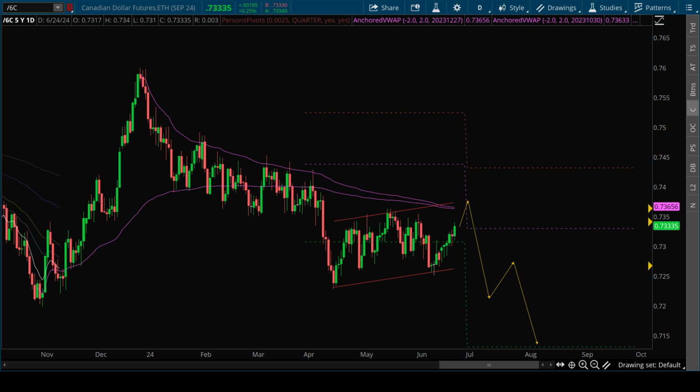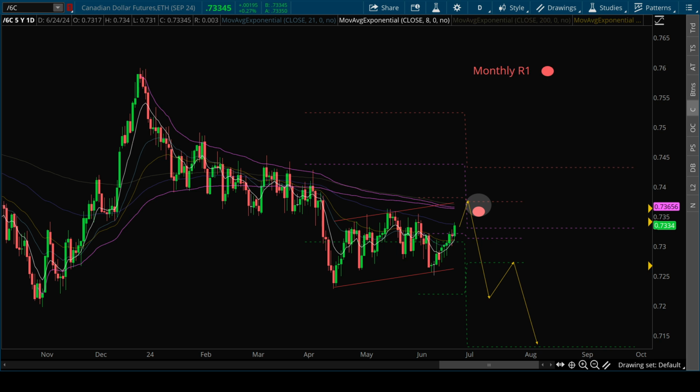And if we put our EMAs and monthly pivots on, you've got your monthly R1 there, and it's our daily 200. That daily 200 on USD CAD, we keep bringing up, saying we could come down there. There is a very good chance that if we come down to the daily 200 on USD CAD, it will be the low of the quarter.